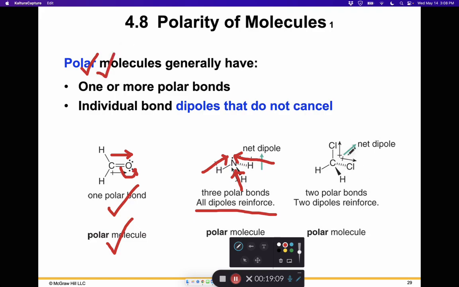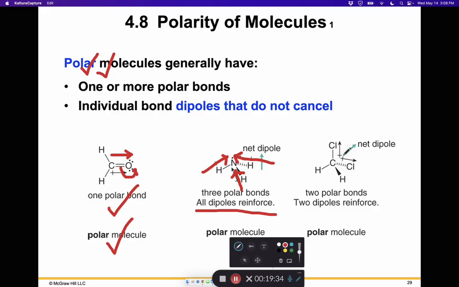Let's see one more example. We have CH2Cl2. Again, we have two polar bonds here. Between carbon and chlorine, we have polar bonds. This is the polar one. But carbon hydrogen is not polar, right? This carbon hydrogen is not polar. And these two polar bonds are not facing opposite directions.